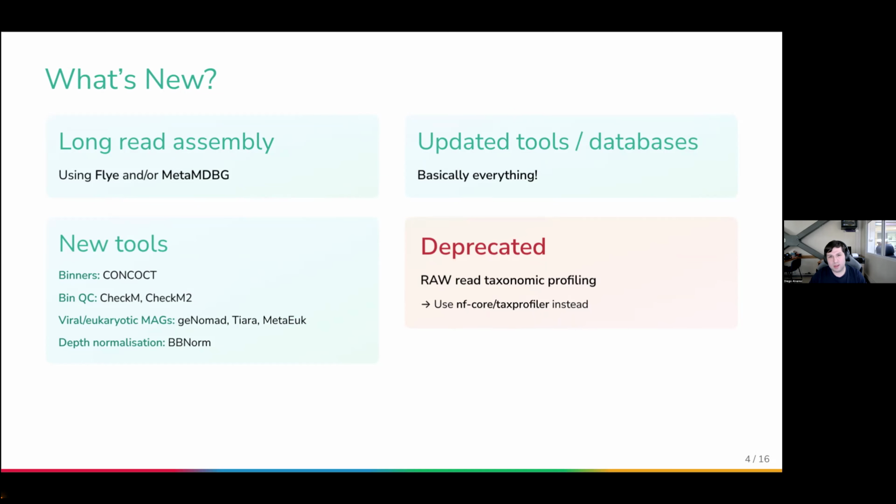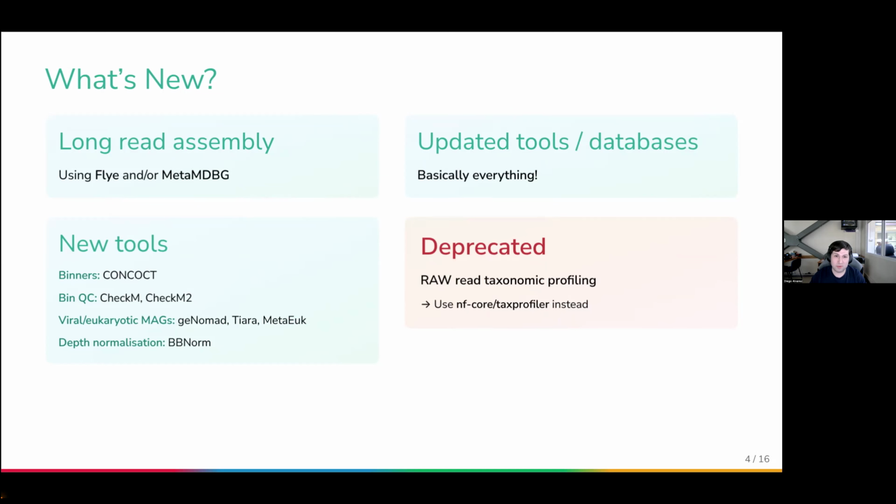We also have been updating basically every tool used by the pipeline, also the databases, especially important in the taxonomy classification. And we also decided to remove a part that was originally in the pipeline. This was the raw read taxonomy profiling. This is basically comparing the reads against a database, but without assembling them.